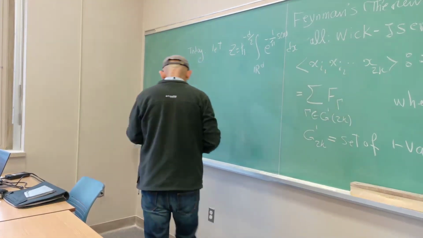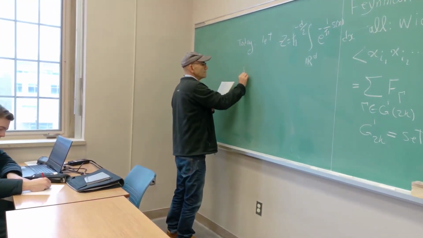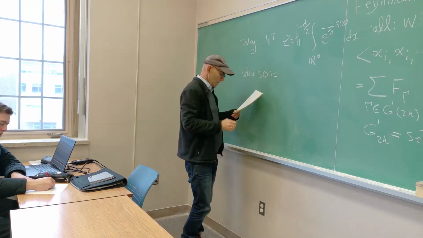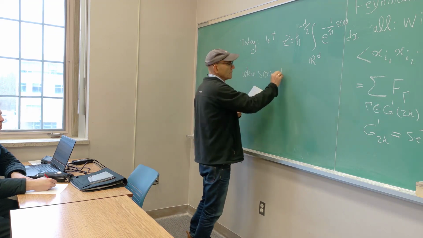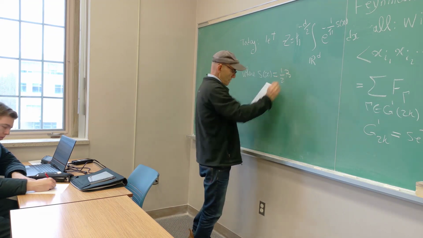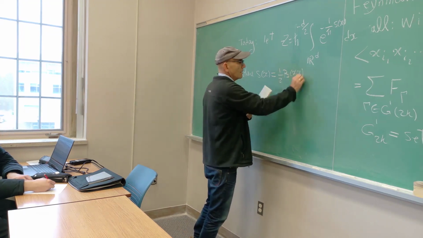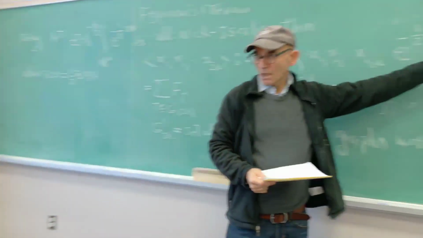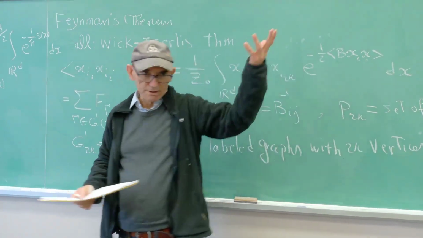Where this action S of x is equal to a quadratic part, which I just write as B of x,x now. I discussed that we can write it in two ways, either a quadratic function or my matrix B, but they're the same thing.